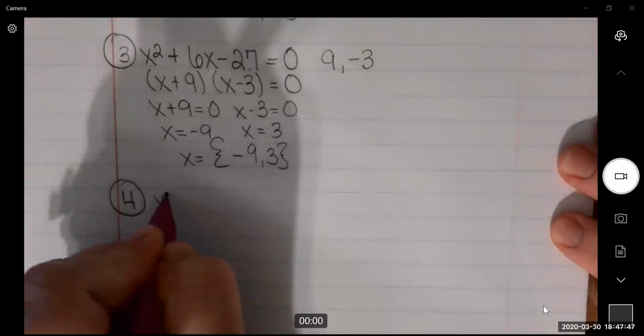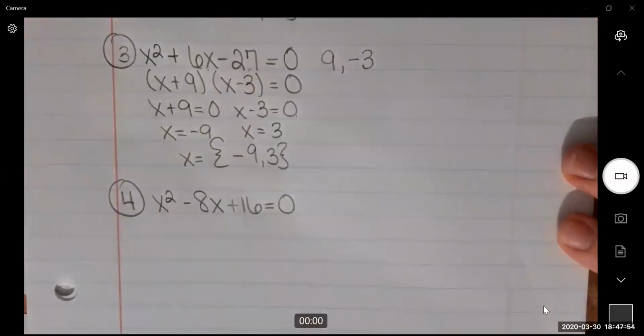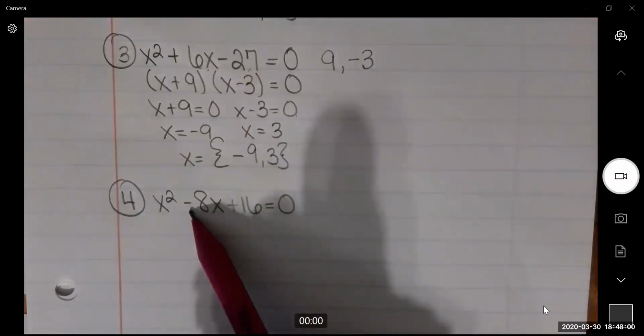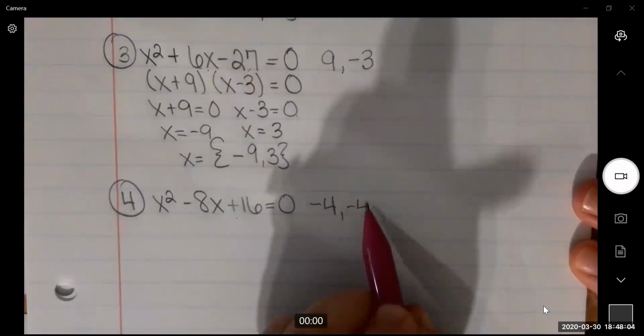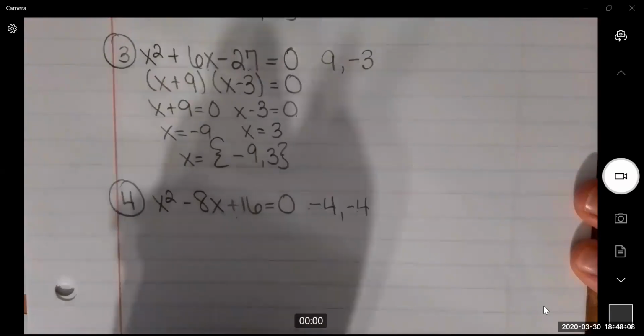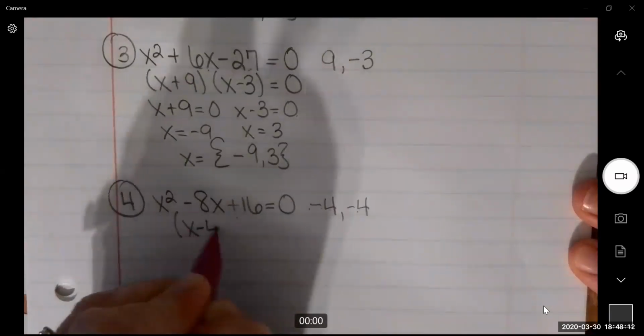We have x squared minus 8x plus 16 equals 0. All right, so this is positive, this is negative. The negative times the negative is going to give me the positive 16. Minus 4 and minus 4 is going to give me negative 8.